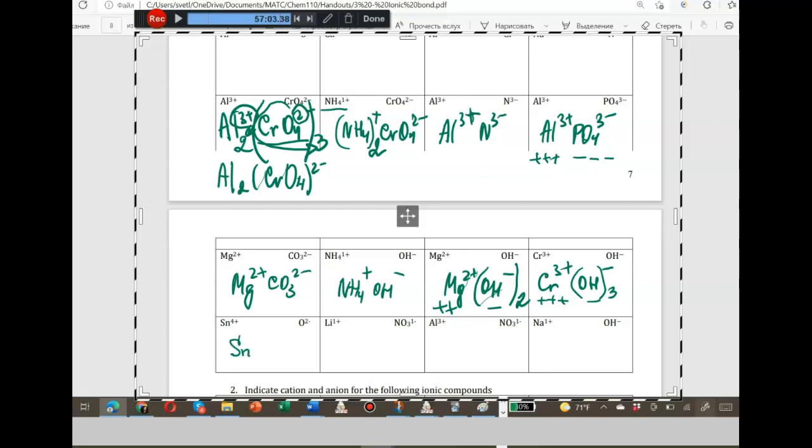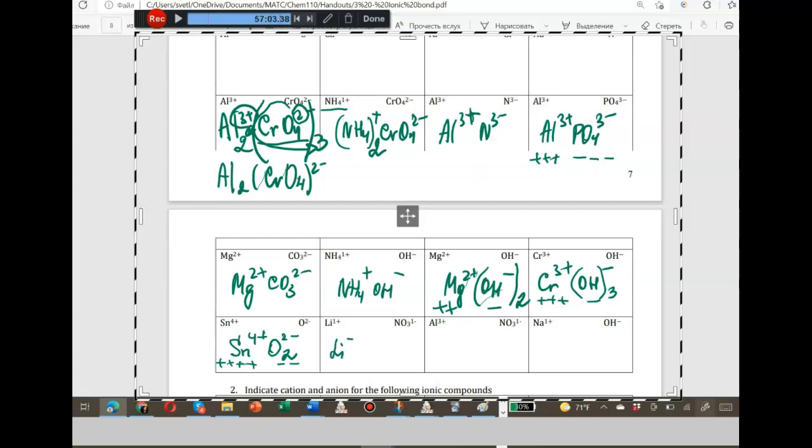Sn 4 plus and O 2 negative. You can see 4 positive charges here and only 2 negative charges here. That means that we need to have two oxygen. But we don't use parentheses here because this is not a polyatomic ion, it's a monoatomic ion.